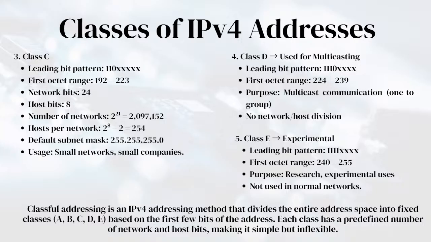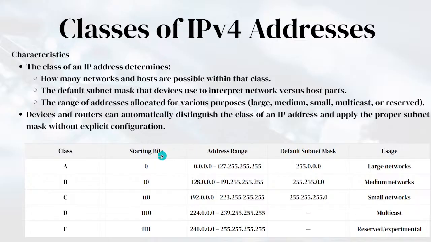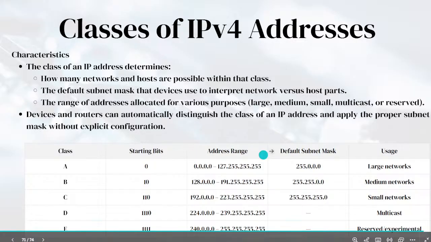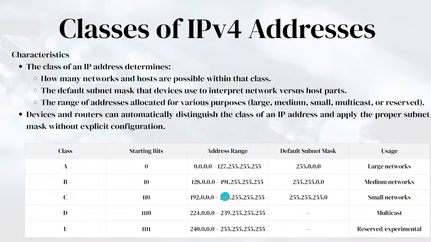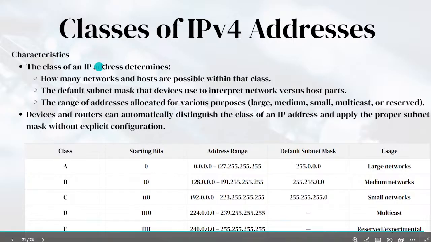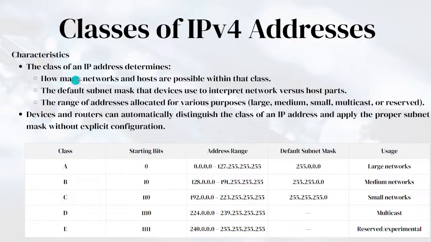So classful addressing is an IPv4 addressing method that divides the entire address space into classes based on the first few bits of the addresses. Each class has starting bits, an address range, and a number of networks and hosts. From the class, we can identify how many networks and hosts are possible.